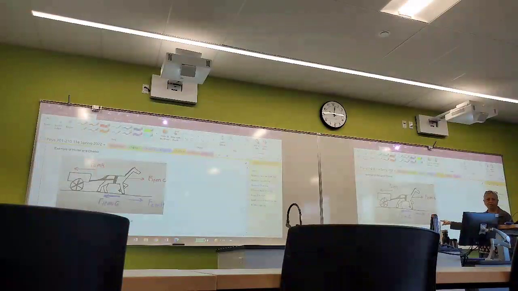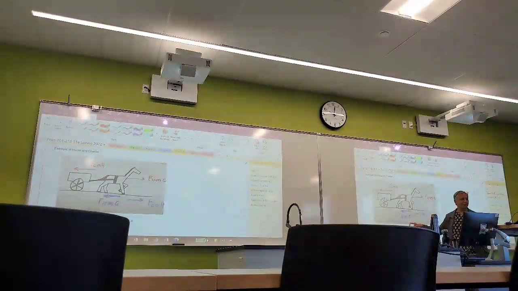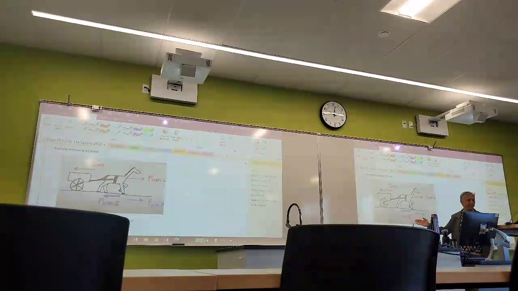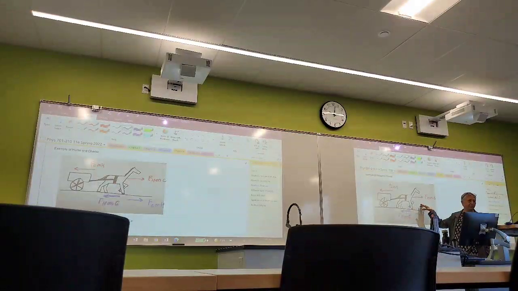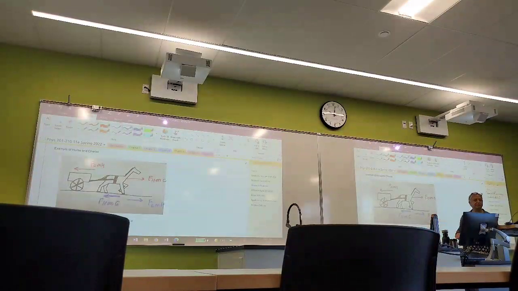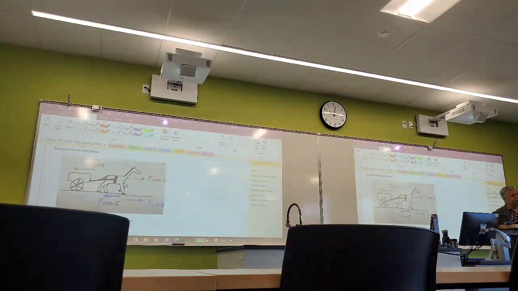Ground on horse, horse on ground. 1, 2, 2, 1. Action reaction. That's how you think. So are they an action-reaction pair? Will they be equal? How about these two? Action-reaction pair? Are they equal? Is the red equal to the blue? No, they're two different forces, correct?